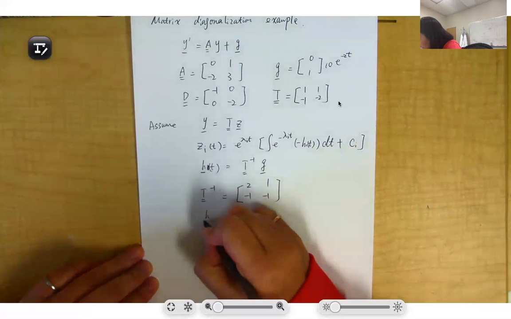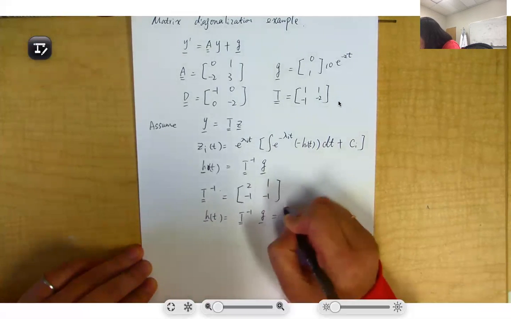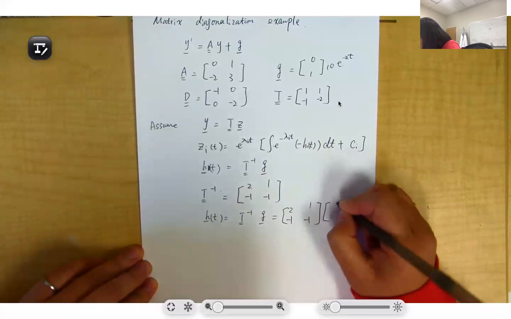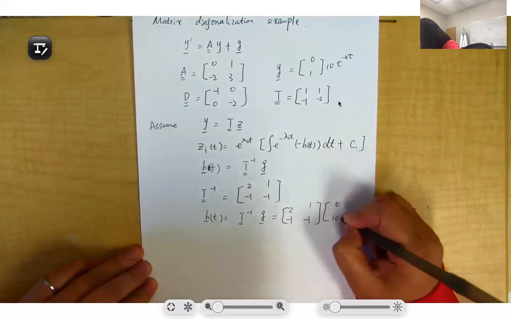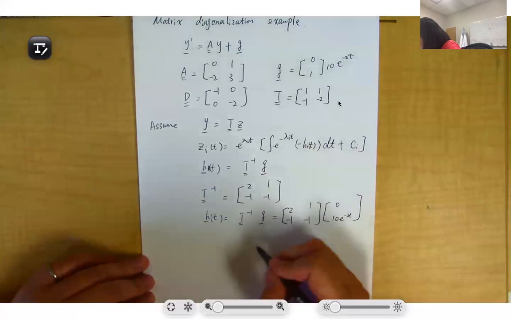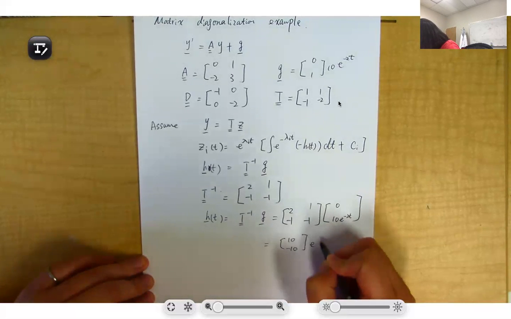Then h(t) will be T inverse G: [2, -1; 1, -1] times [0; 10e^(-2t)]. In the end that is [10e^(-2t)... -10e^(-2t)].